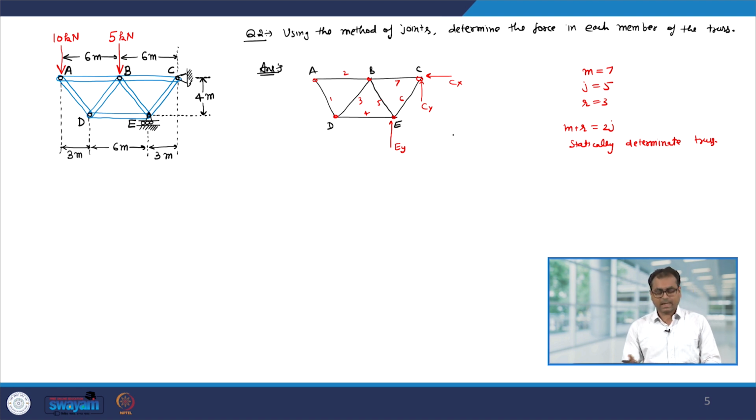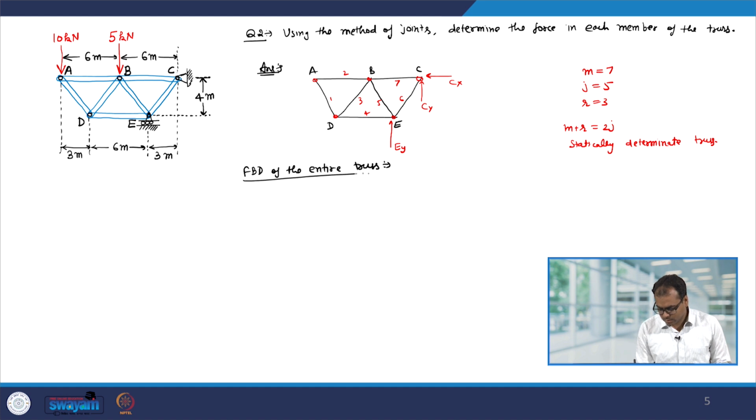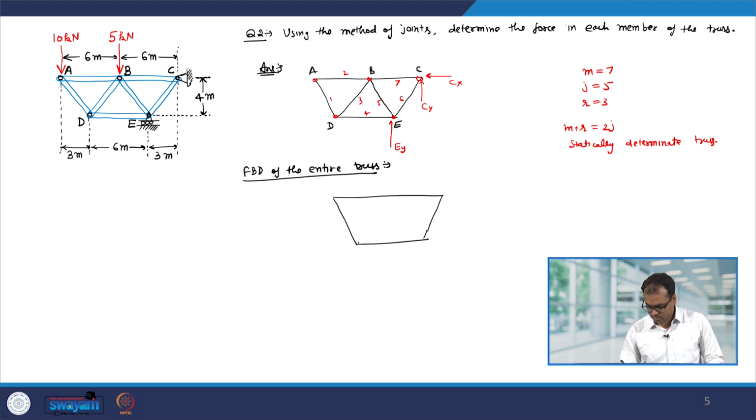This is given here, just that I have to put the forces. So, let me put the forces. Free body diagram of the entire truss. Again we have this truss, the points are A, B, C, D and E. At E you have the Ey force, at C we have Cx and Cy forces.